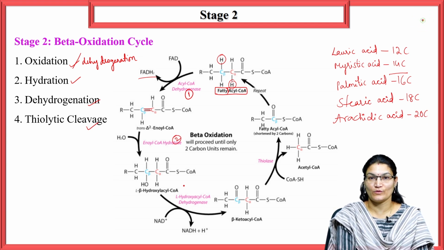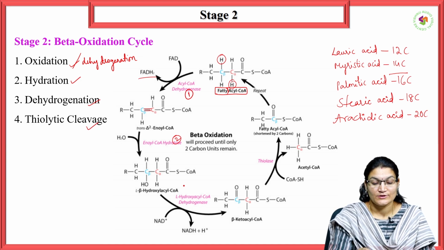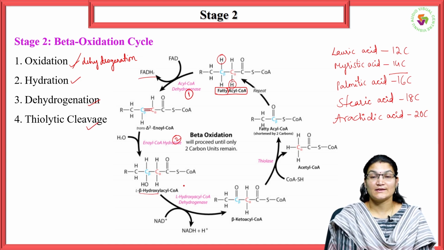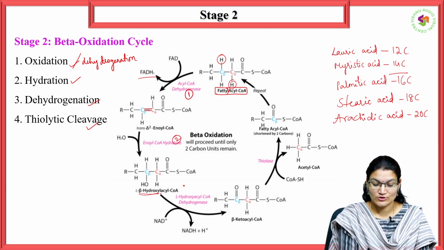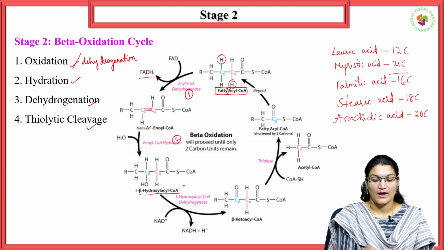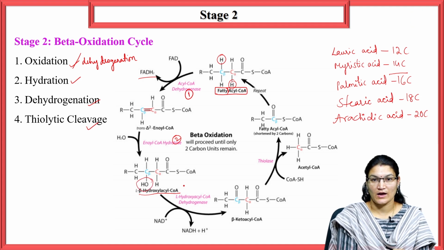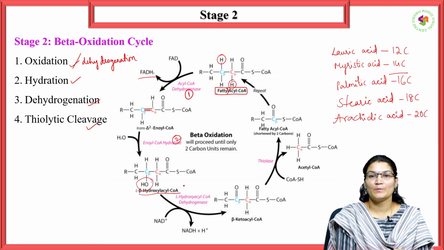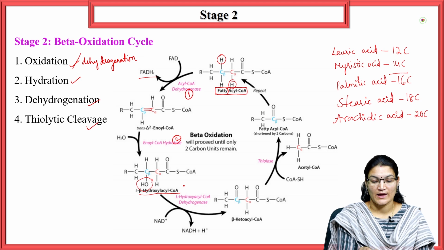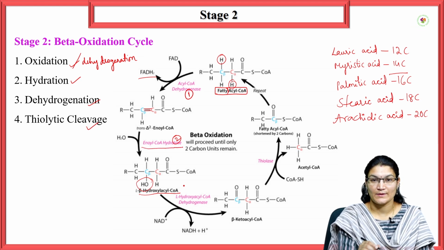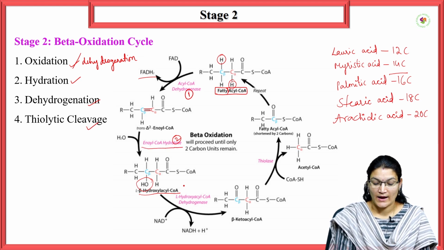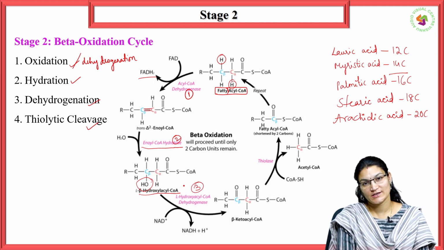Again, in the second step, we have the hydration process. Hydration is the addition of water, where trans delta 2 enoyl coenzyme A is converted into beta hydroxyacyl coenzyme A. Here the hydroxyl group is attached at the beta position in the presence of the enzyme enoyl coenzyme A hydratase. The third step is the dehydrogenation step.